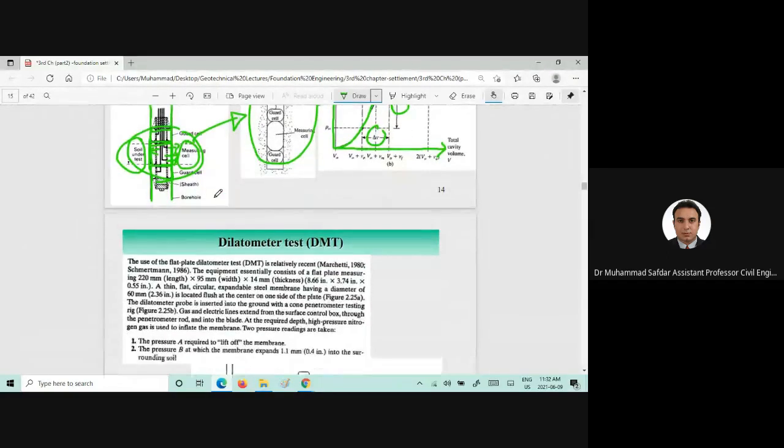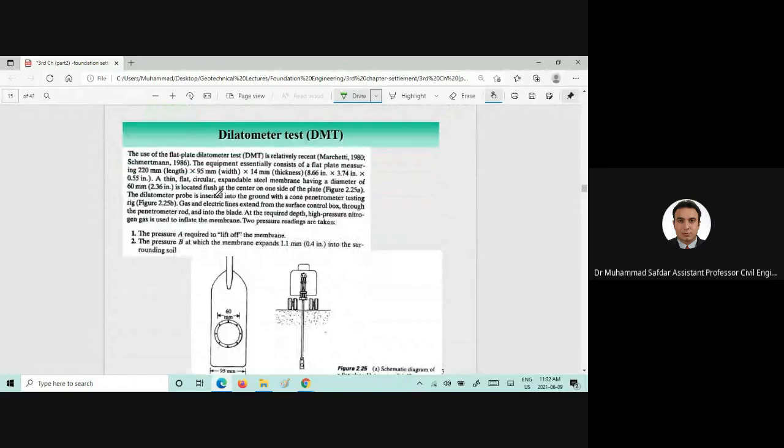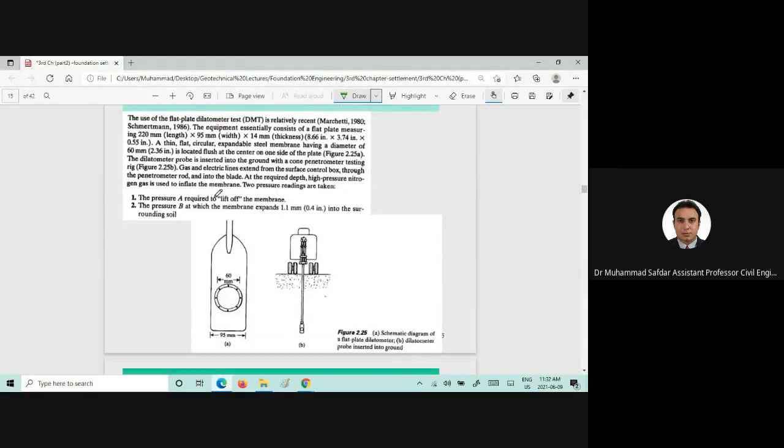There is another test, which is the flat dilatometer test. Usually it's flat, and you can use the CPT, cone penetration rig here.